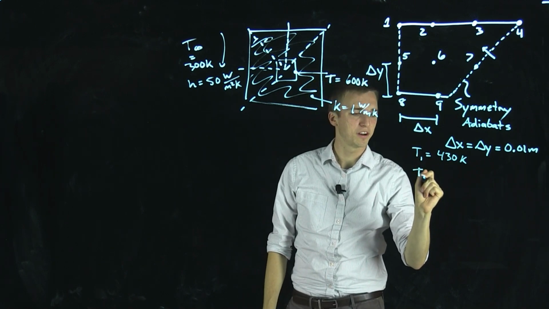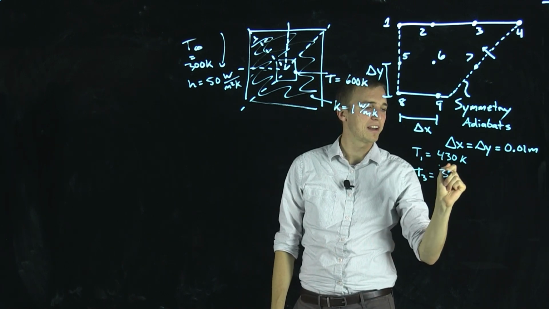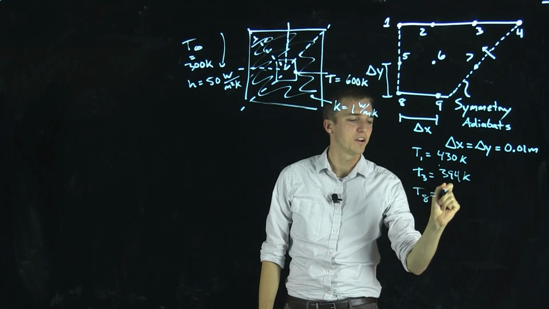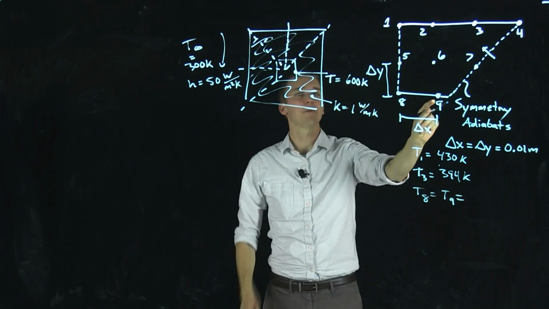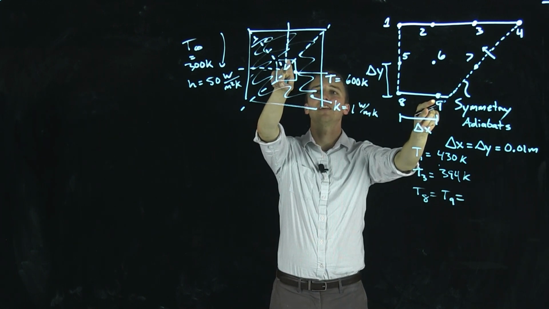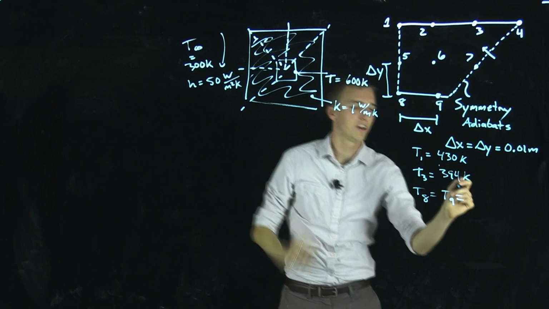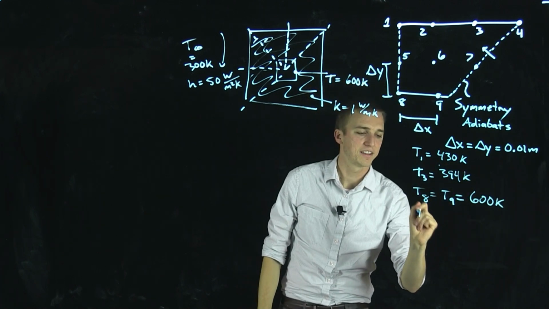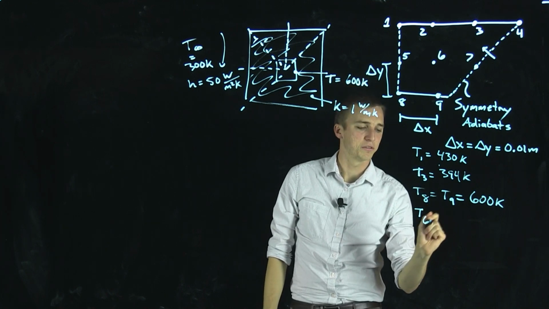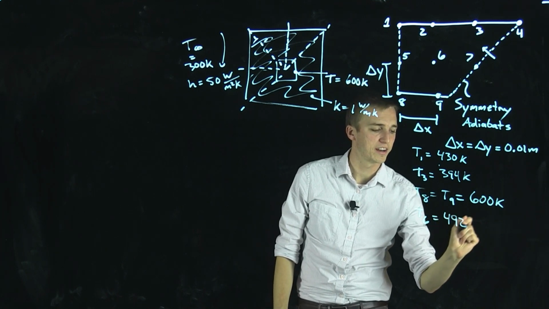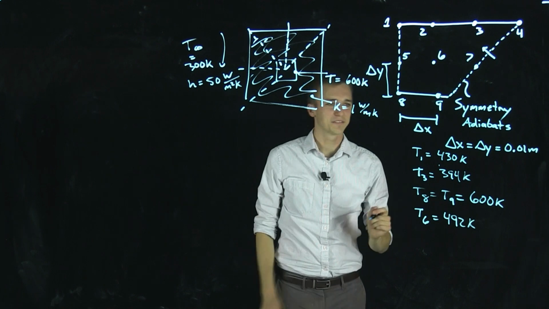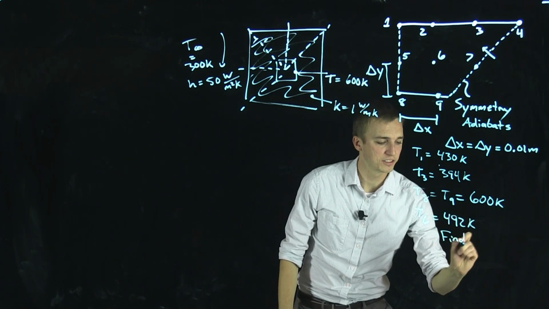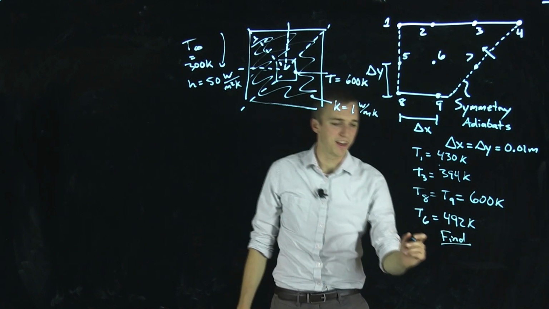We know the temperature of our third node is 394 Kelvin. We know the temperatures of nodes 8 and 9 at the bottom right because those are touching this surface, which is already defined as being at 600 Kelvin. And finally, we know the temperature at node 6, which is 492 Kelvin.